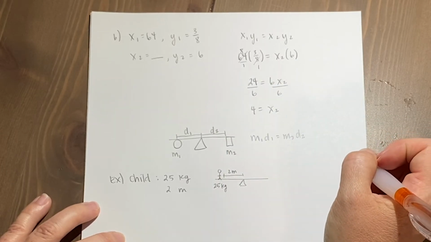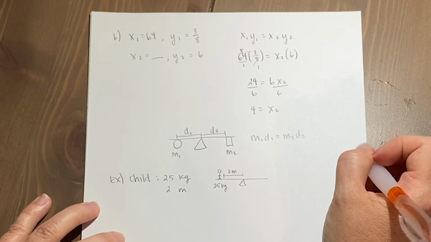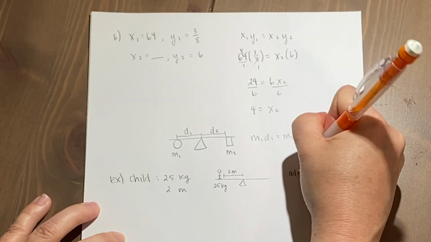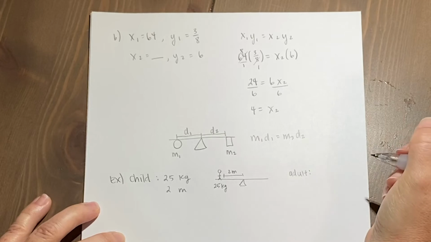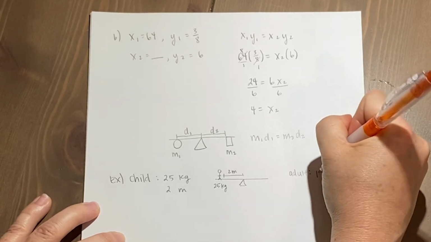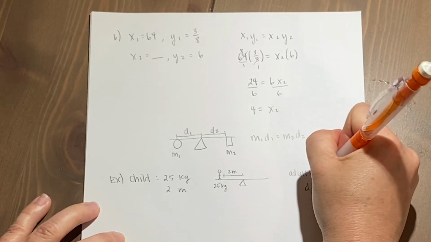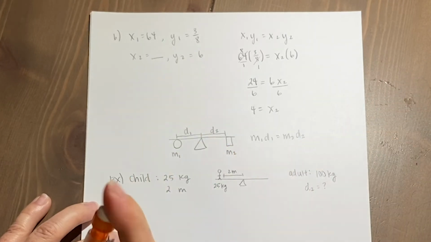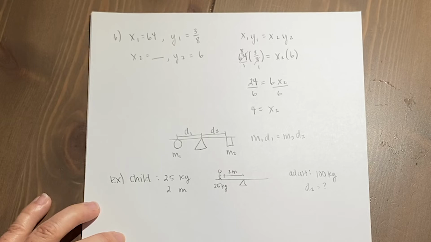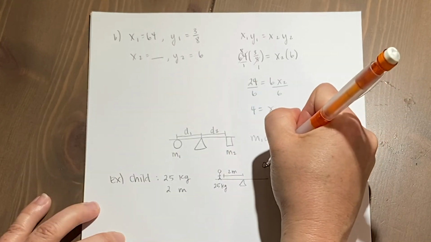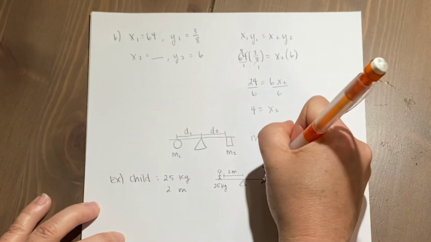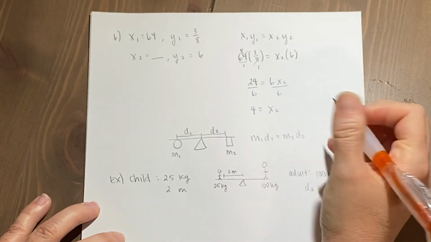How far from the fulcrum should a 100 kilogram adult, so we've got an adult, they're going to play on the seesaw with their kid, they're weighing 100 kilograms, and we want to know how far away should they sit to balance the seesaw. So we've got an adult over here on this end. They weigh 100 kilograms.